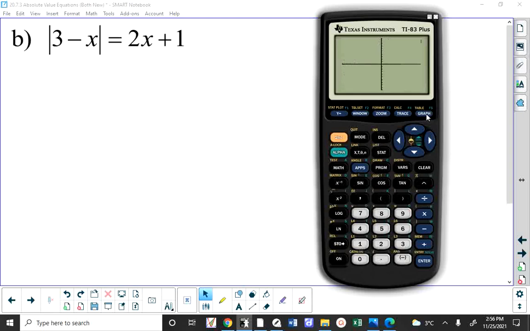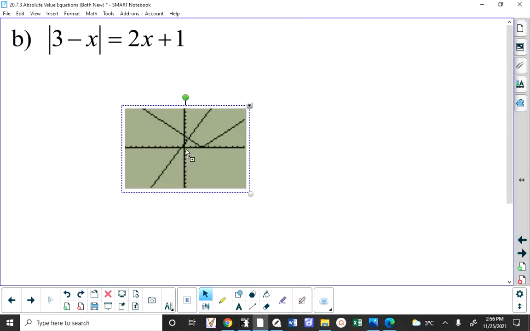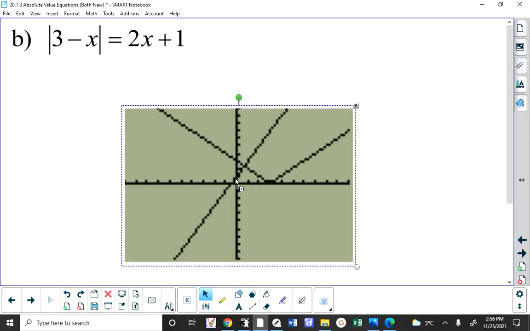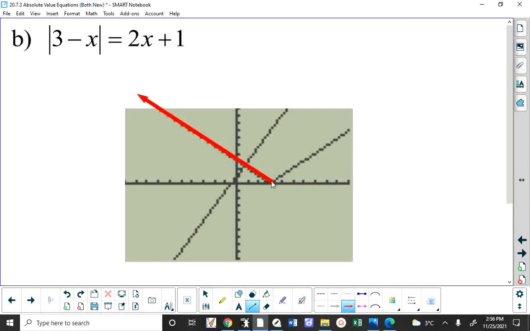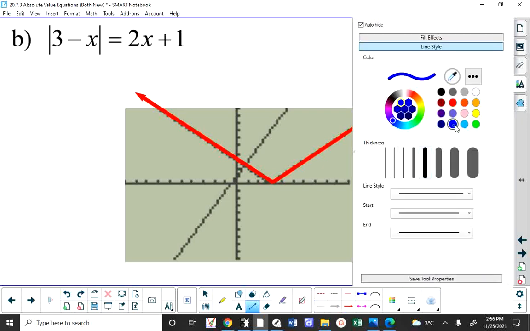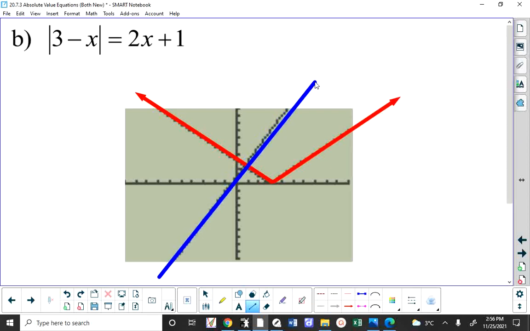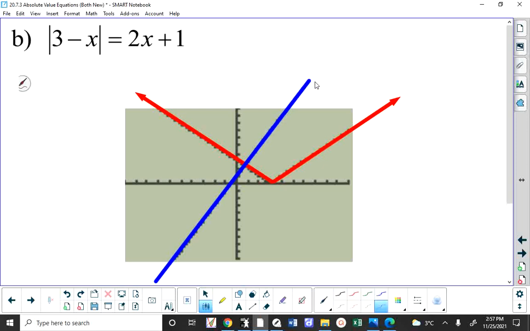Looks good. There's the absolute value of 3 minus x. There is 2x plus 1. Will this red graph and this blue graph intersect anywhere else other than here?